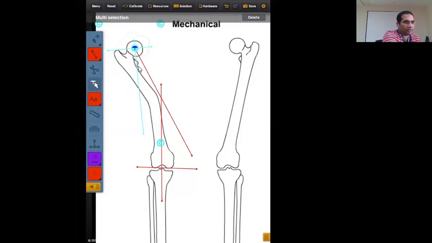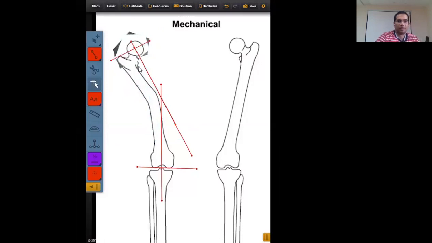Your rotation is on the center of the femur, and you always translate it. You bring the apex, the lateral apex gets wedged into the shaft, and then you will plan a second osteotomy over here. Now look at the neck shaft angle.